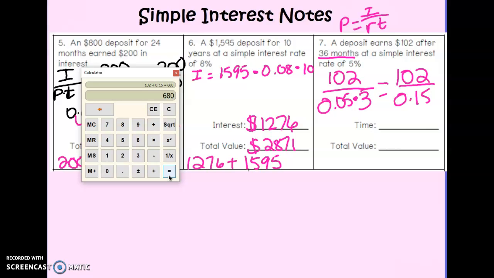So my principal is 680. The time is given up here as 36 months, which is 3 years. For total value, I'm going to add my principal with my $102 interest, which gives me $782.